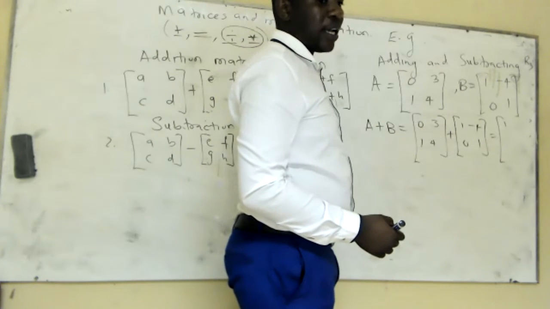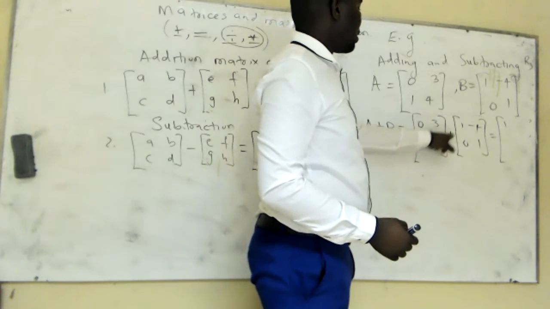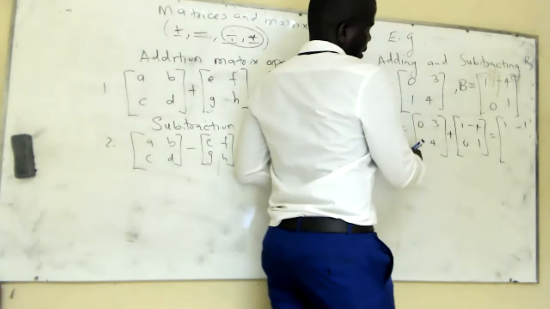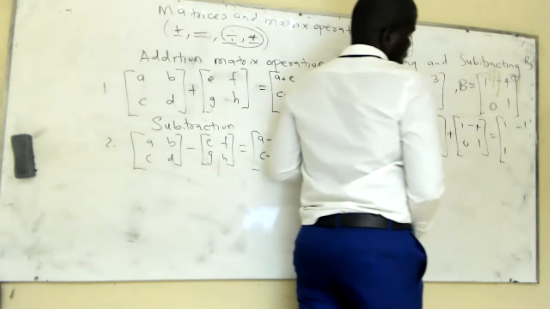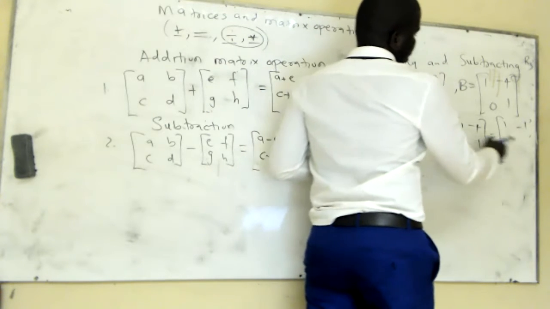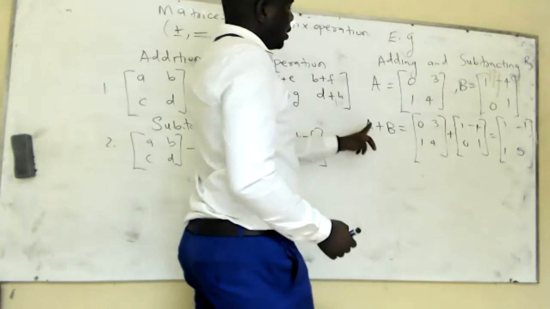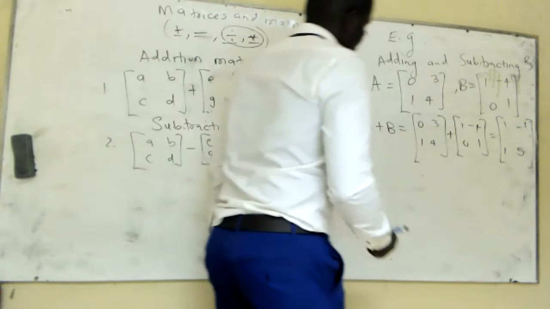How are we going to get the second component? The second component is going to be 3 plus -4, which is going to give us -1. And then the third component is going to be 1 plus 0, which is 1. Then 4 plus 1, which is 5. So that is how you get the addition of A and B for the two matrices.